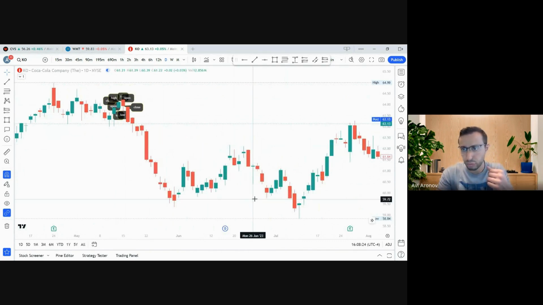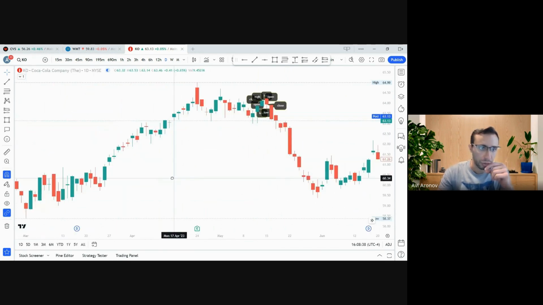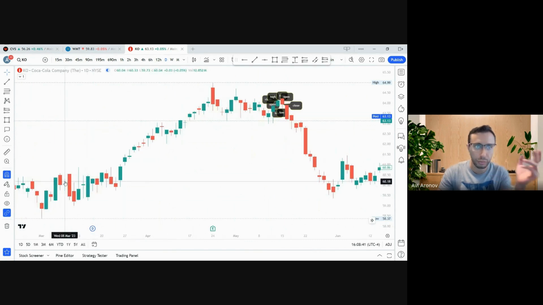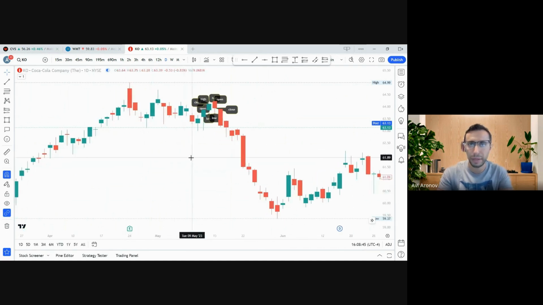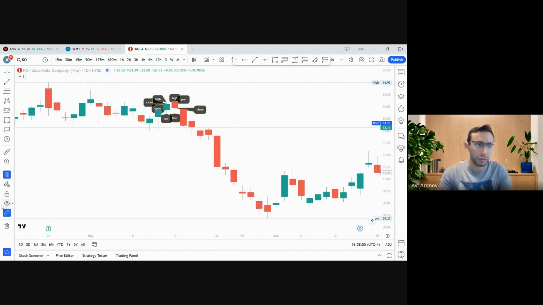You usually will have dojis when it's something similar to that, where you see 0.10, sometimes zero cents that it's moved. So that would be more doji. Here 0.3. But we don't really want to focus and clutter our mind with too much information. Regardless, you will have to look at a lot of information already. So I don't recommend to focus on a lot of things that are irrelevant.